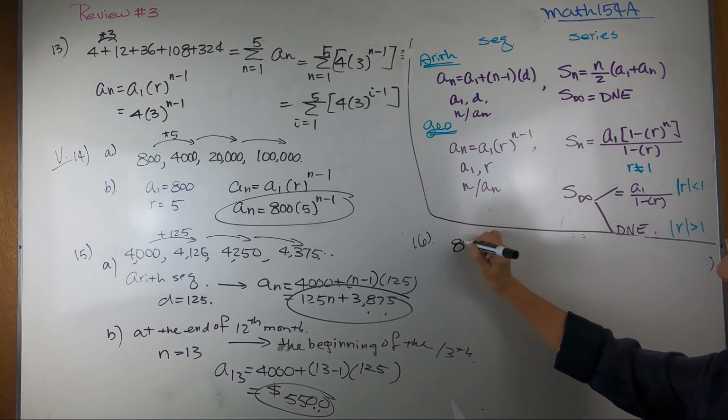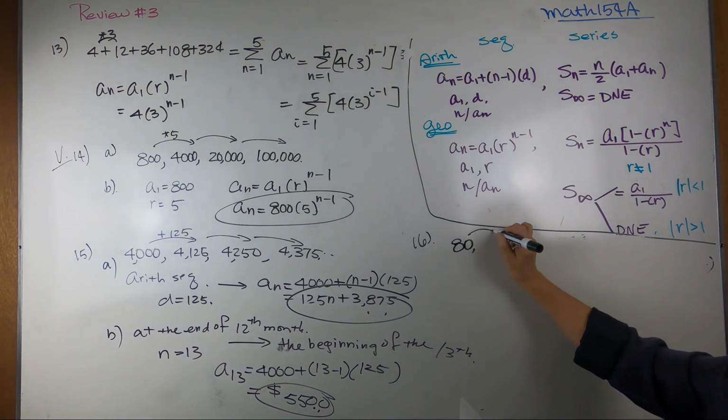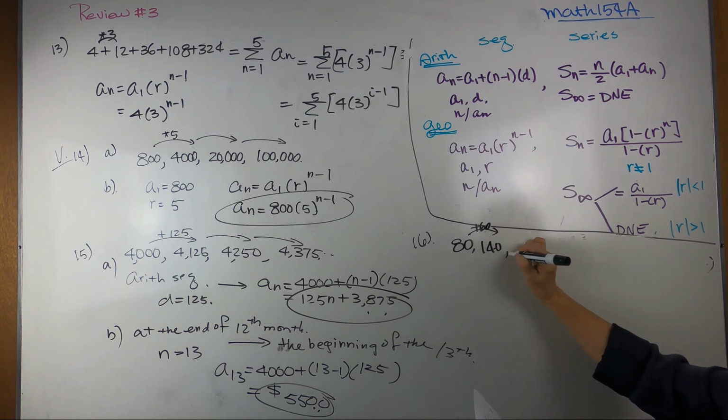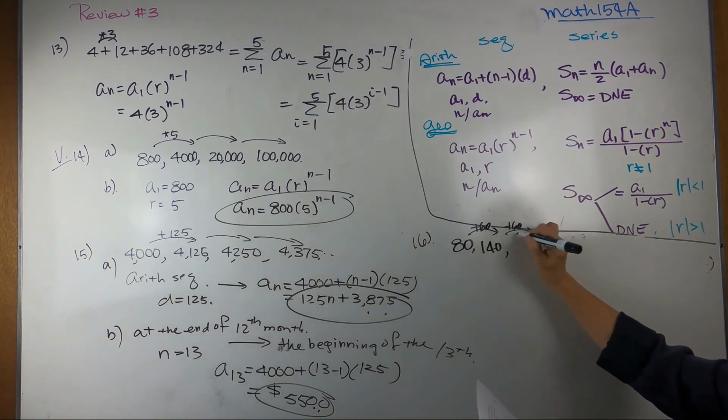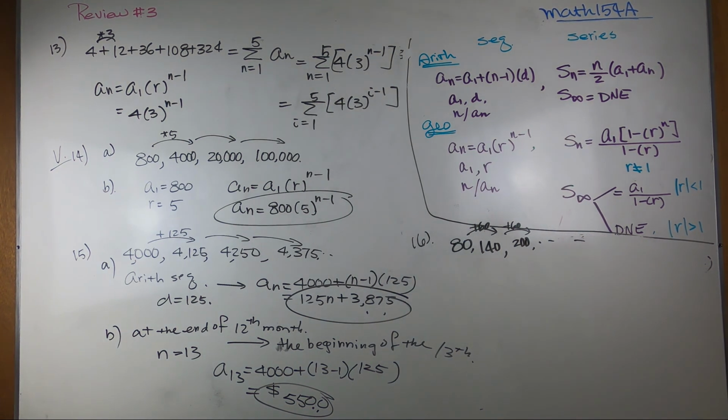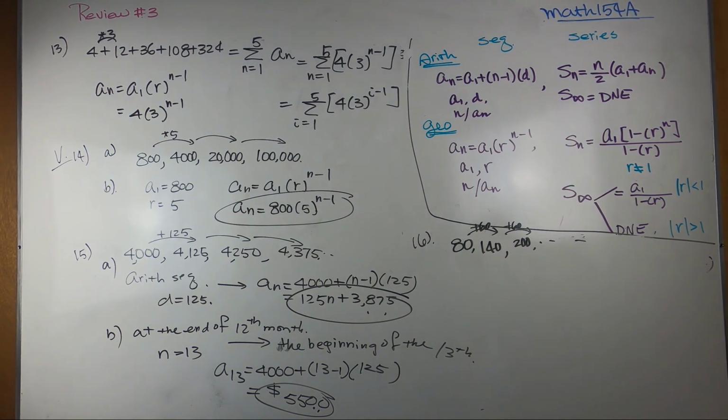So you start from 80, then next day would be what? 60 more. That's a lot, right? Next time will be 60 more, 200, and so on. So which sequence are we talking about? Arithmetic or geometric?